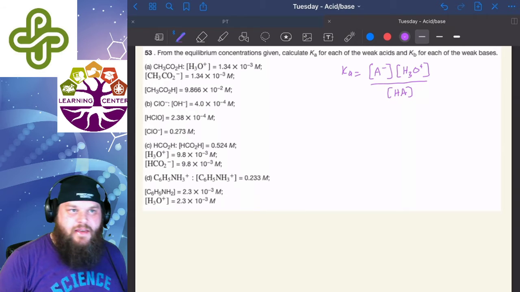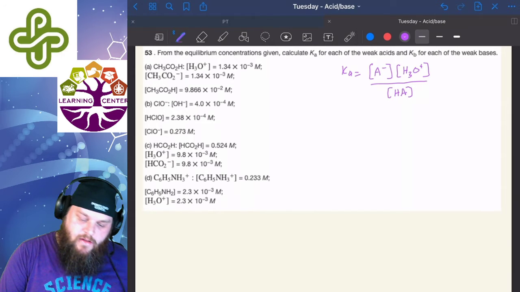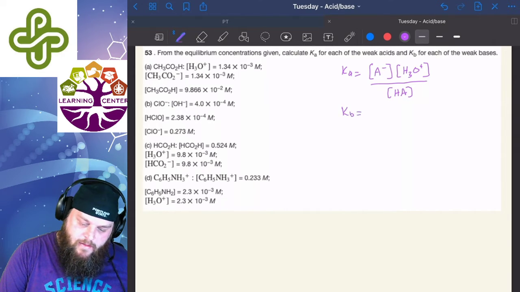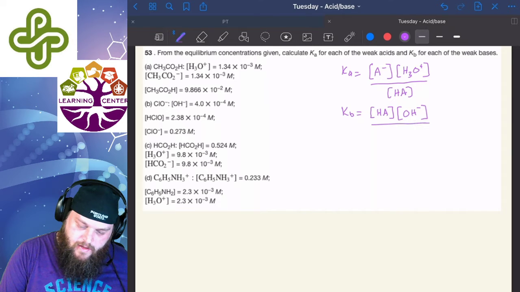That's going to be my Ka equation. My Kb is equal to the concentration of my acid times OH minus hydroxide divided by the concentration of my base.